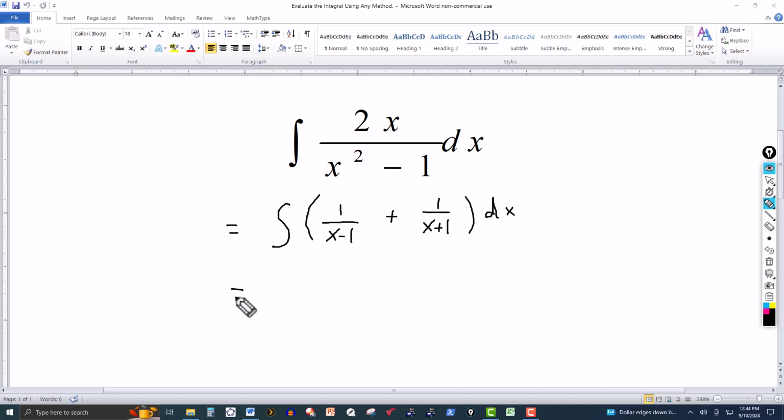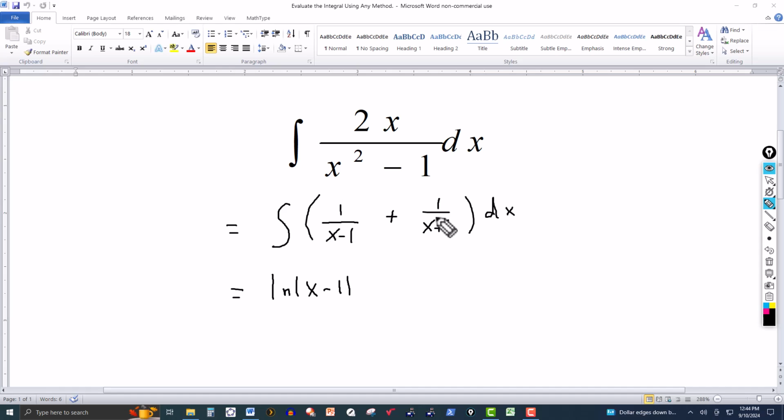Then of course I could break this up into two integrals, so it's really now the integral of 1 over x minus 1. If I use a u-substitution here, this would come out du over u, where u is x minus 1. So this is just ln of the absolute value of x minus 1.